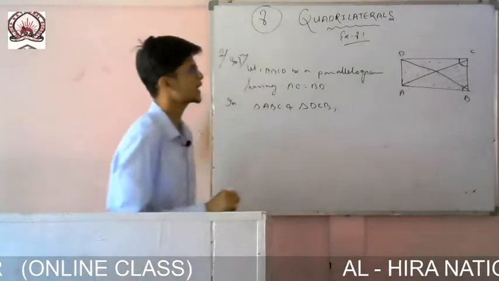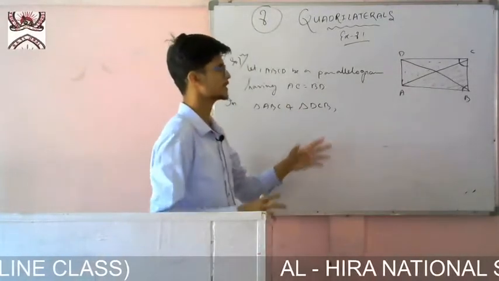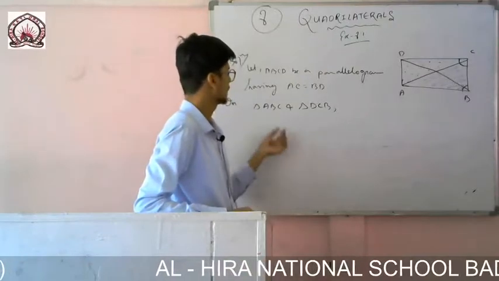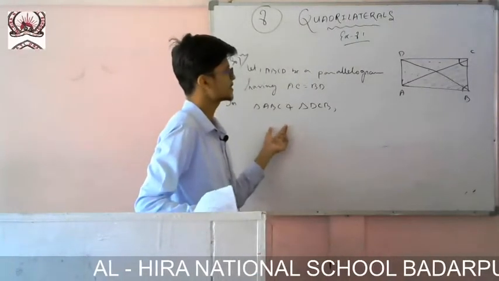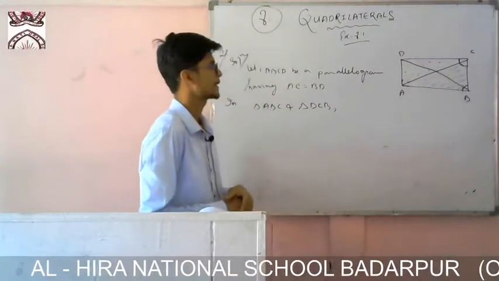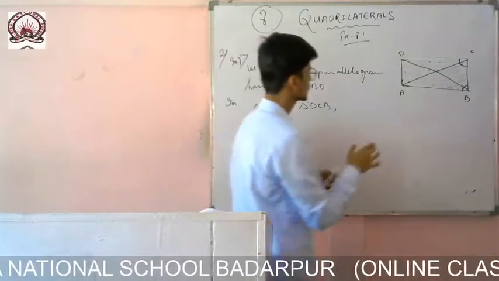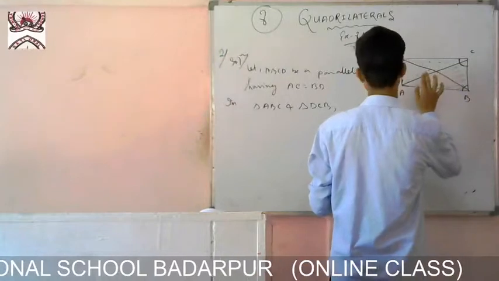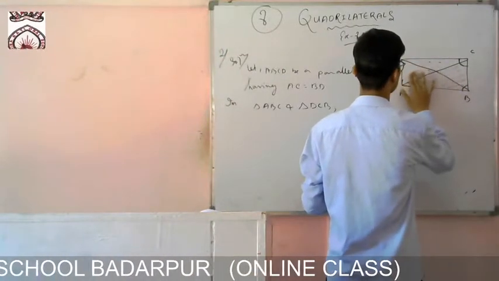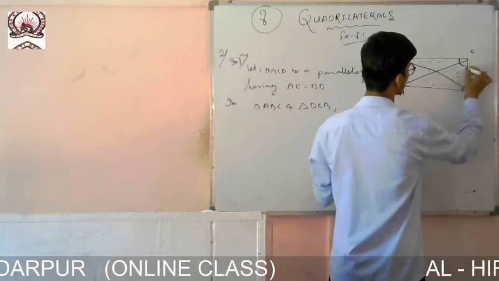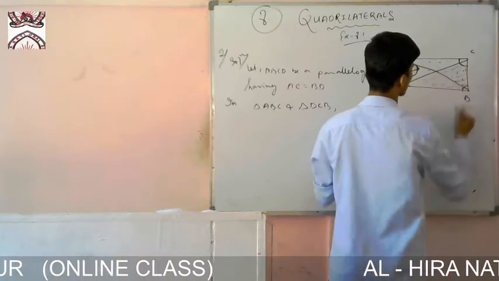So in triangle ABC, so that you can see, I have just shaded this one. Don't shade like this, okay. So in triangle ABC and triangle DCB, sorry, what I have written, ABC and DCB, DCB, this part.